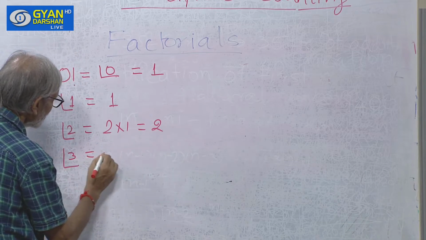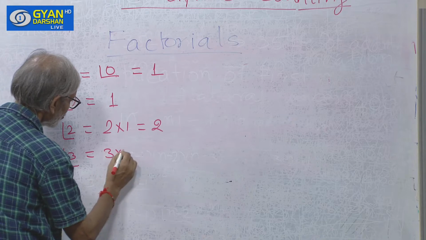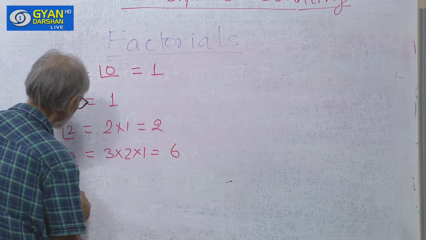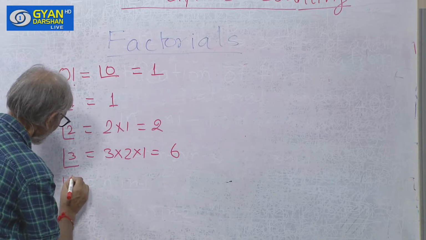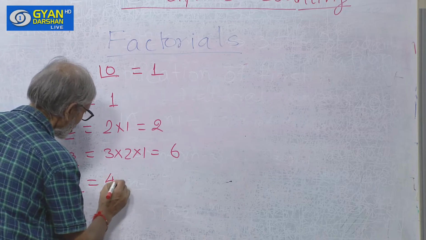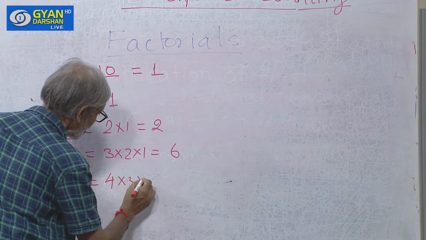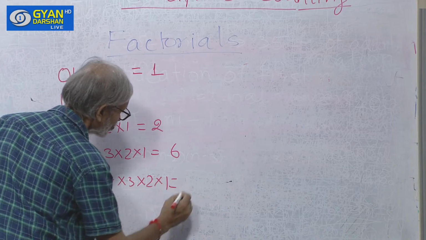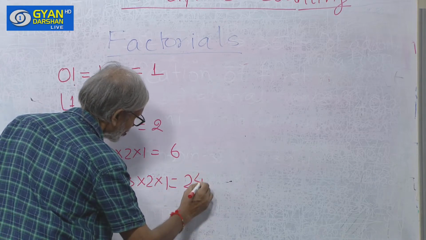Factorial 3 is equal to 3 into 2 into 1, which will be equal to 6. Factorial 4, similarly, 4 into 3 into 2 into 1, which is equal to 24.